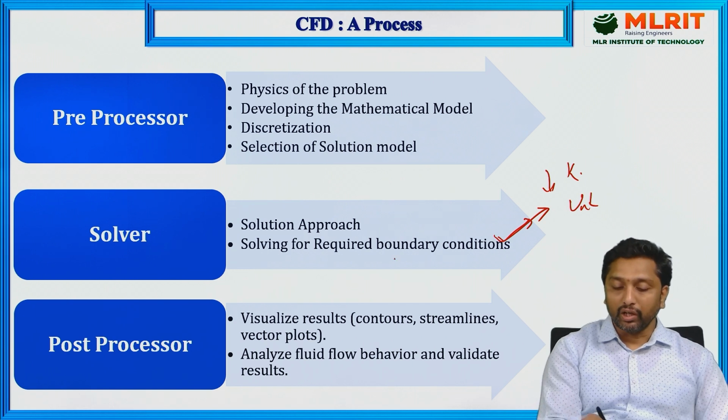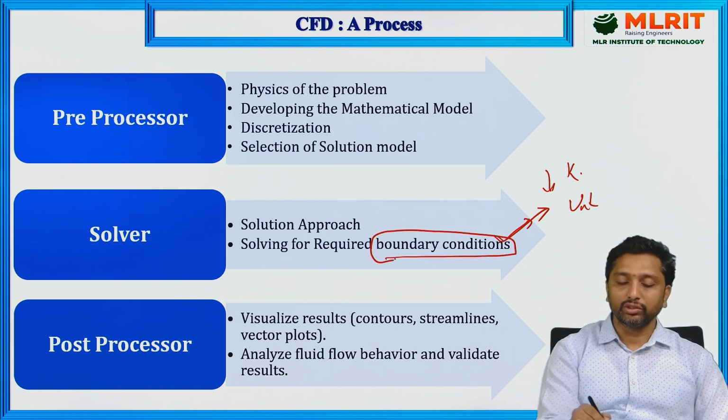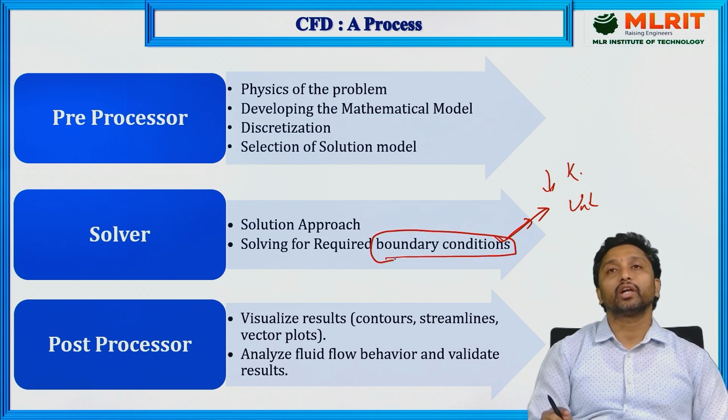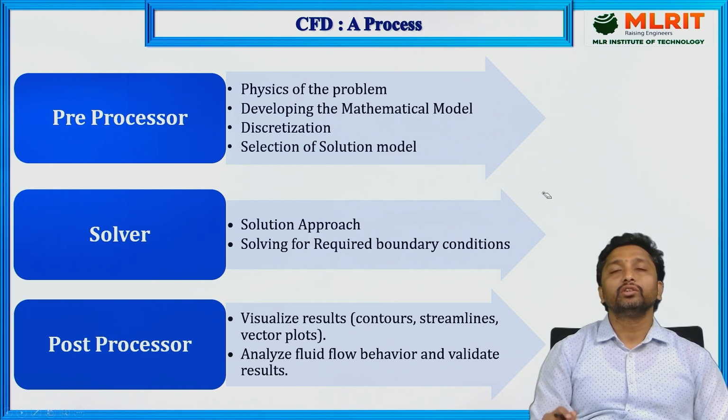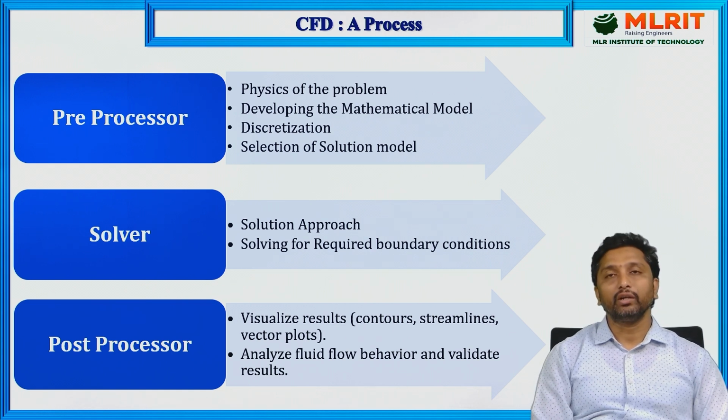So we understand what the boundary conditions are, and based on the boundary conditions, we'll try to predict the solution. With that, we'll be concluding the solver, where we end up with the solution of the numerical equations using algorithms and based on the values which are provided at the boundary conditions.